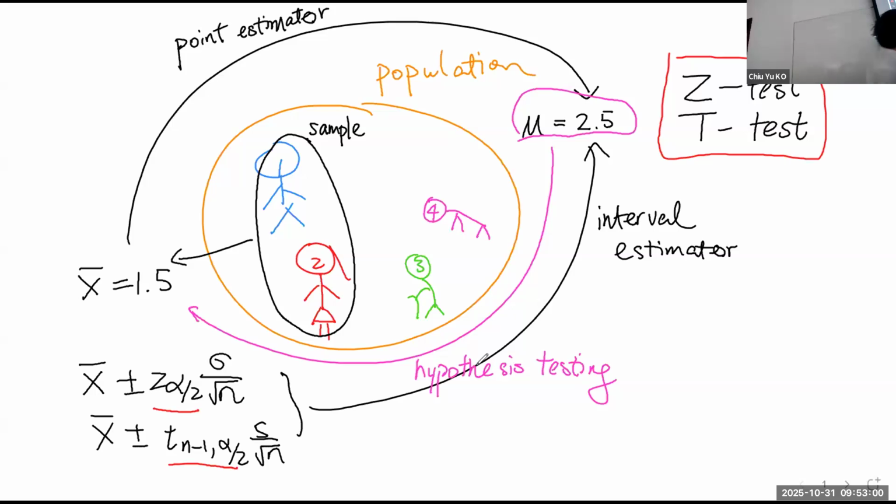In this example, we know mu is 2.5, right? And I think you would reject mu is 2.5 if you get a sample mean of 4, right? But if you are unfortunate and you always get the baby, then the sample mean is 4, right?